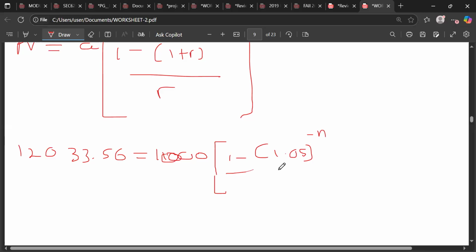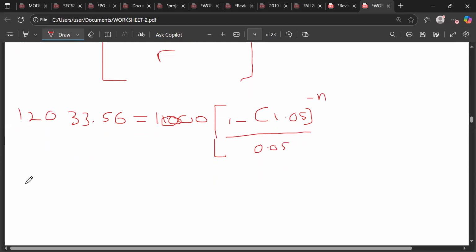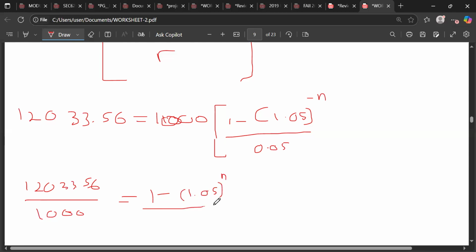N is unknown. We're looking for n here, over 0.05. So now this side will say 12,033.56 over 1,000 is equal to this side here, which is 1 minus 1.05 to the power n over 0.05.